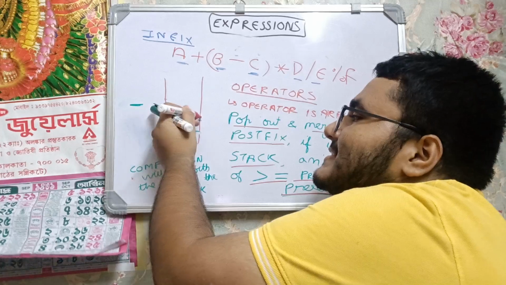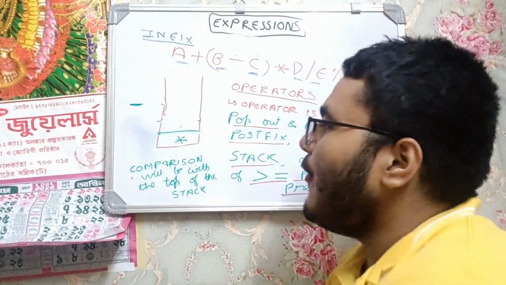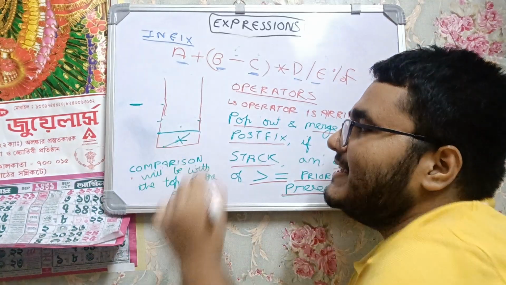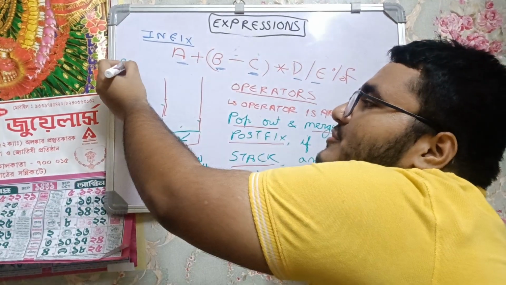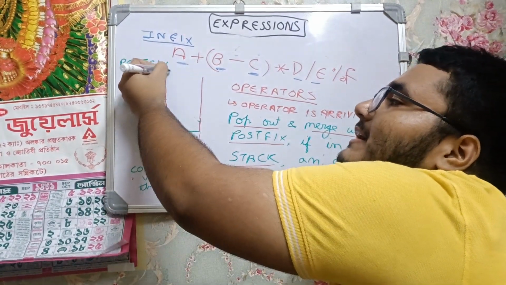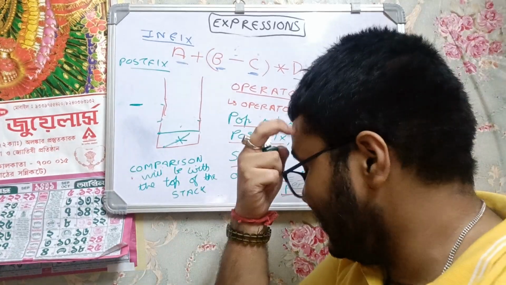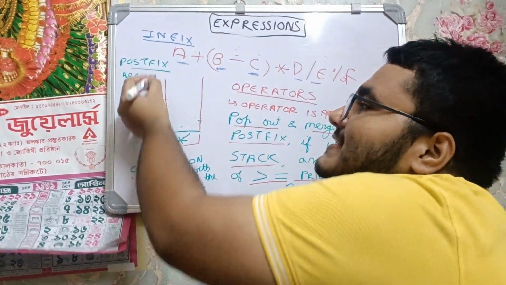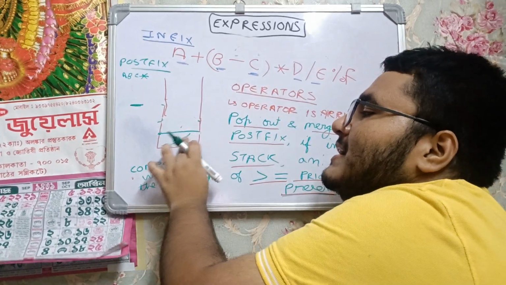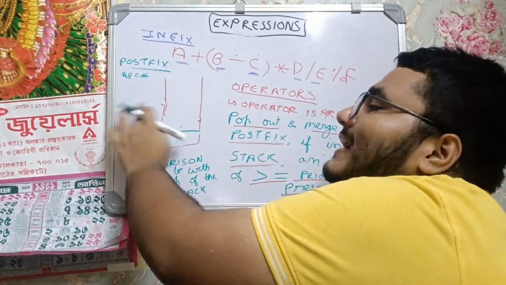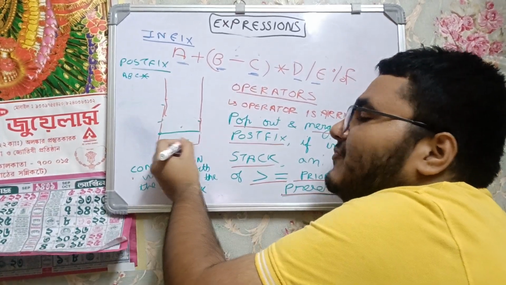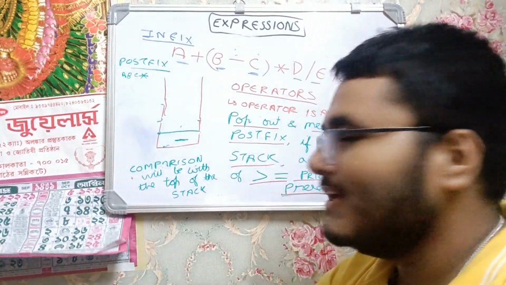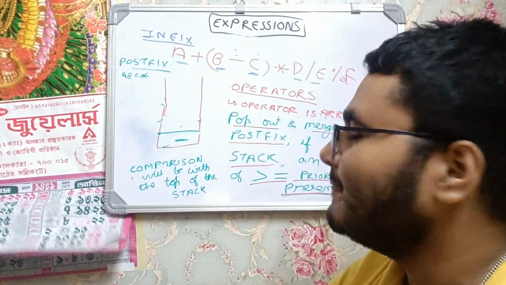In that case, pop out this asterisk and merge it with the postfix expression, whatever it is till now, say A, B, C something. So merge this asterisk with the postfix, pop it out, and replace it with the arriving operator. This is how it should be done.